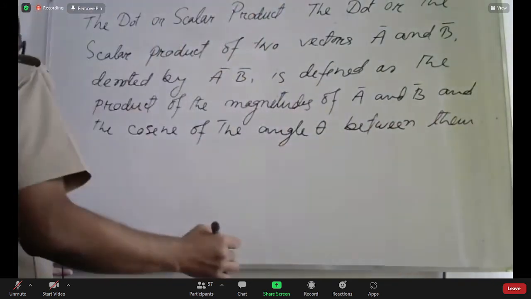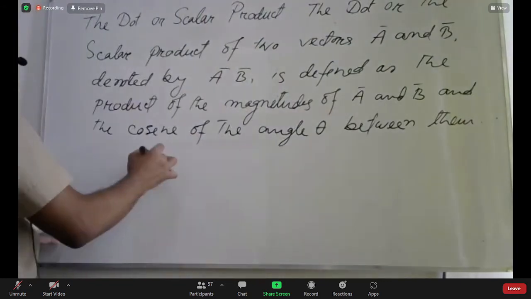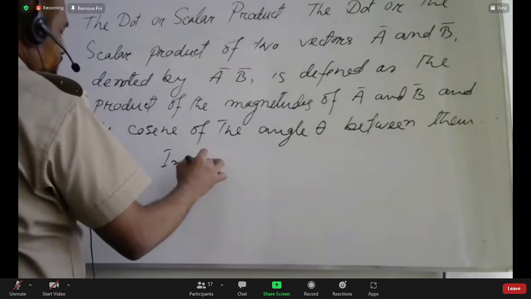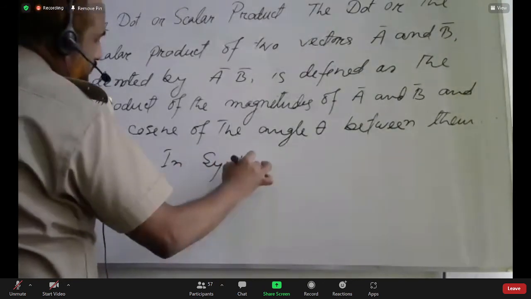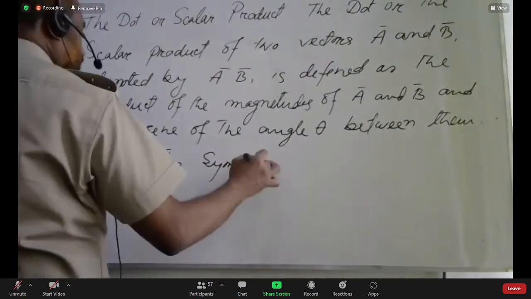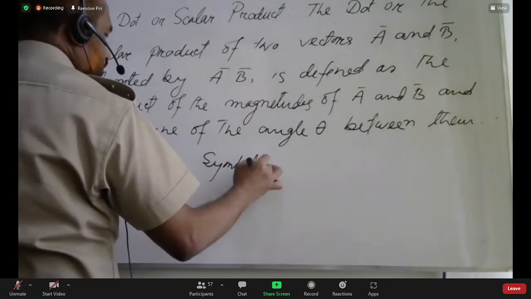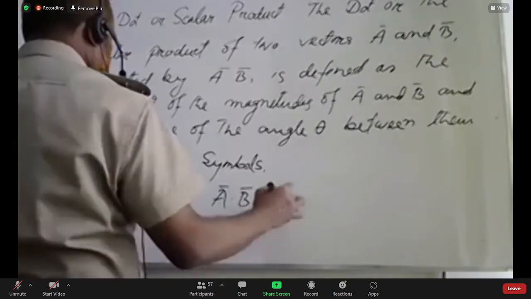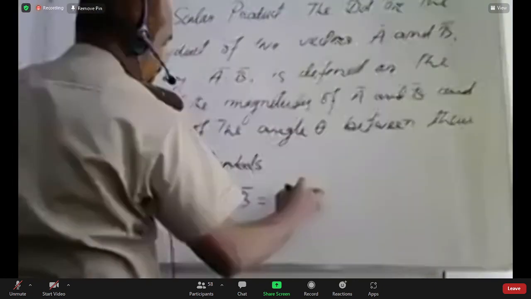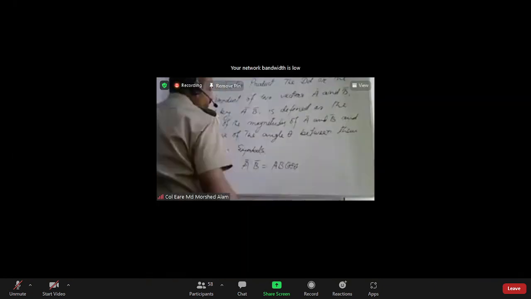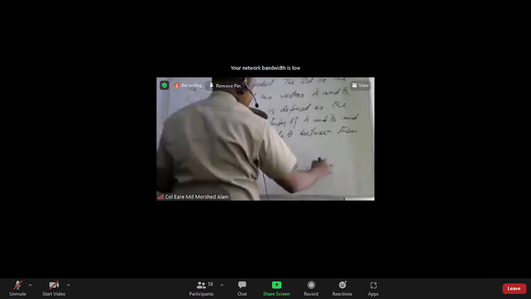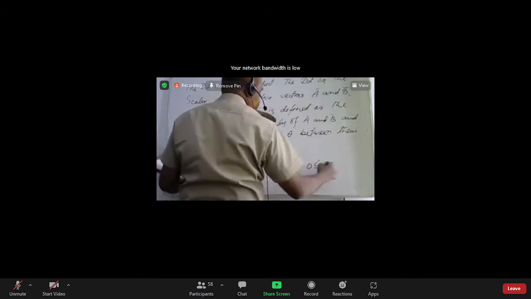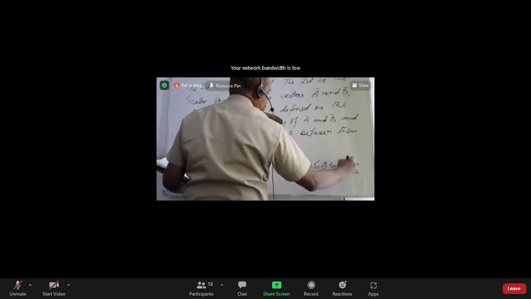Okay. So in symbols, we can write A dot B is equal to AB cos theta, where theta is greater than or equal to 0 and less than or equal to pi.